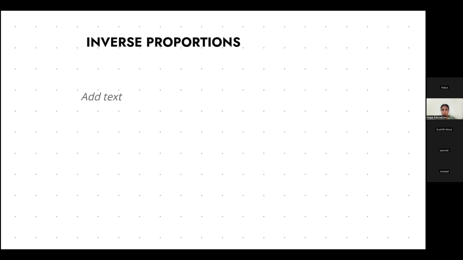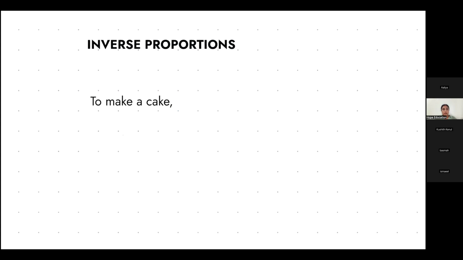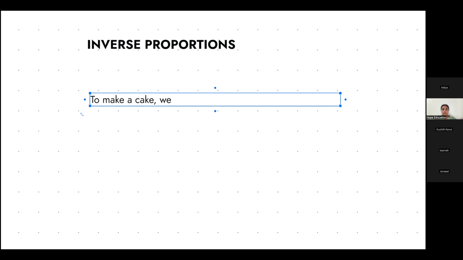I'm not very sure about proportions because I am not very familiar with making cakes, but roughly, to make a cake we need to mix 250 grams of butter with how much flour? I would suppose maybe the same amount. Let's say 100 grams of butter with 200 grams of sugar. This is a certain cake.